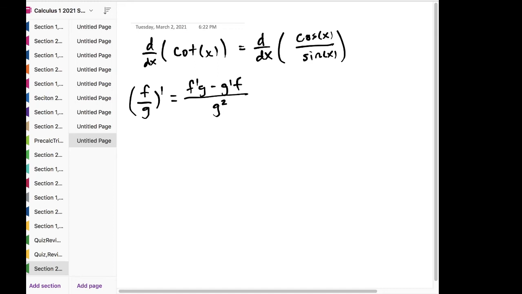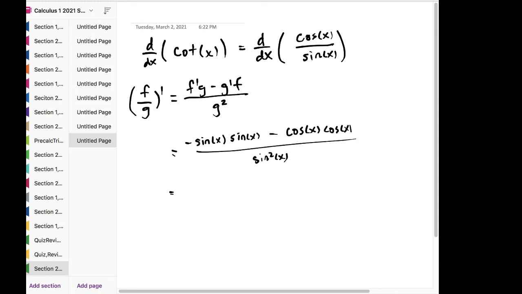All right, so what's the derivative of the numerator? It's negative sine, times the denominator, which is sine, minus the derivative of the denominator, which is cosine, and then the numerator, which is cosine, divided by the denominator squared.